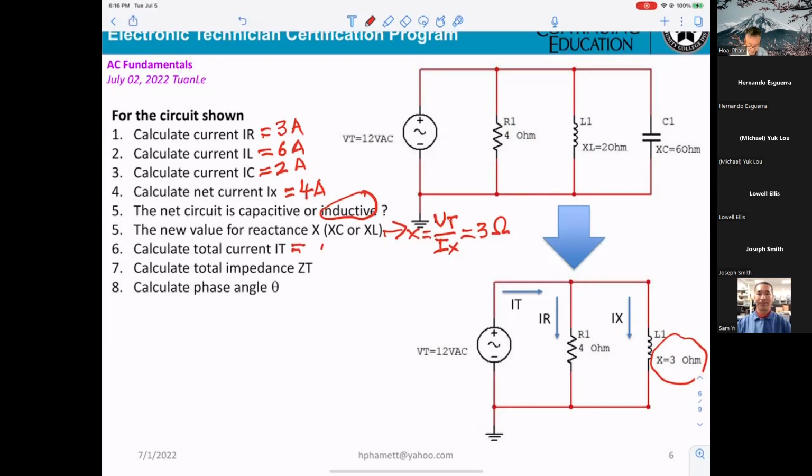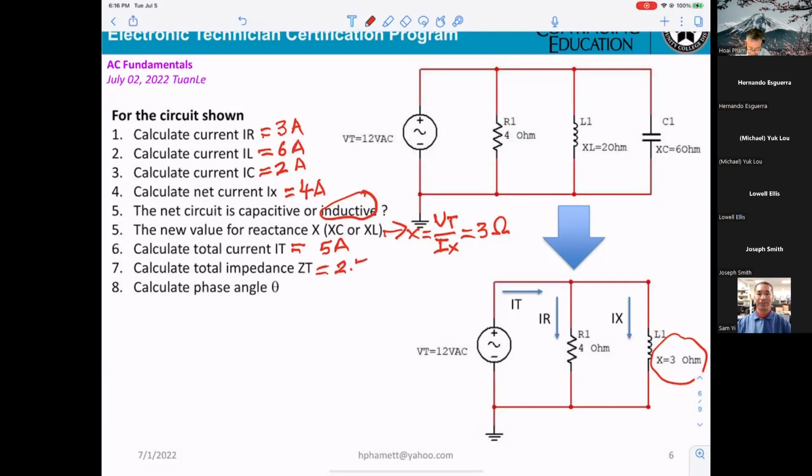Perfect. Total impedance, two point four ohms. So you get 2.4 ohm.